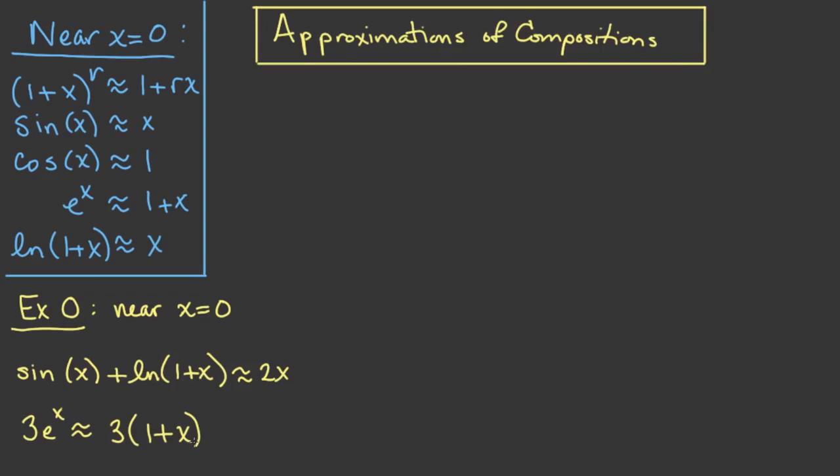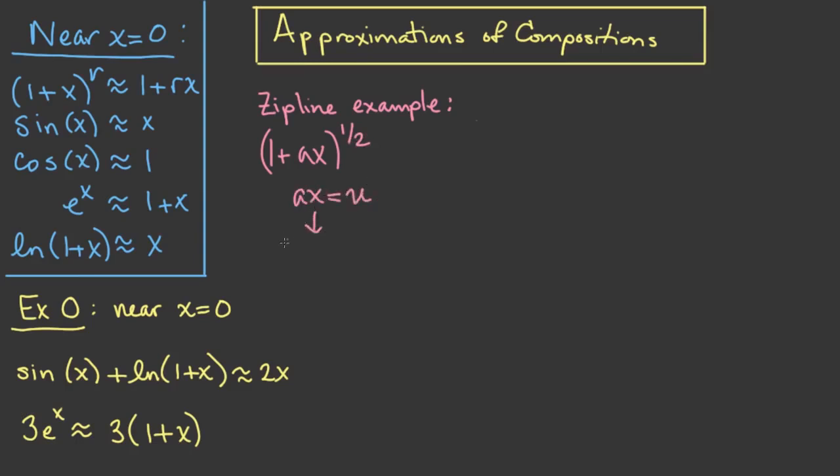In the next examples, I want to consider how we can build more complicated functions out of these basic functions using composition. You've actually already seen this used in practice when we did the zipline example. There we had a function of the form (1 plus ax) to the 1/2, and we substituted ax by another variable u.